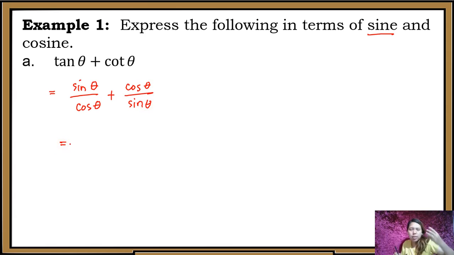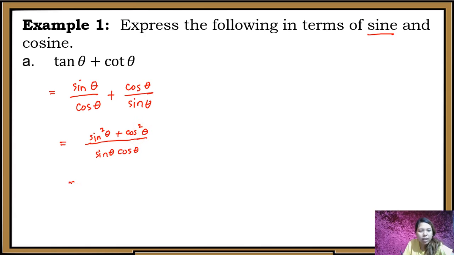We simplify just like an algebraic expression. So we just combine our two fractions. The LCD between the two is sine theta cos theta. So sine theta cos theta divided by cos theta is sine, times sine theta is sine squared theta, plus sine theta cosine theta divided by sine theta is cosine, times cos theta, that's cos squared theta.